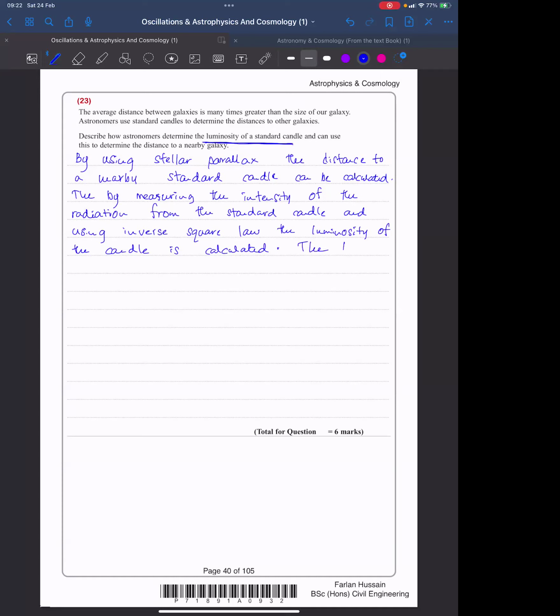Then the standard candle is located in the nearby galaxy.